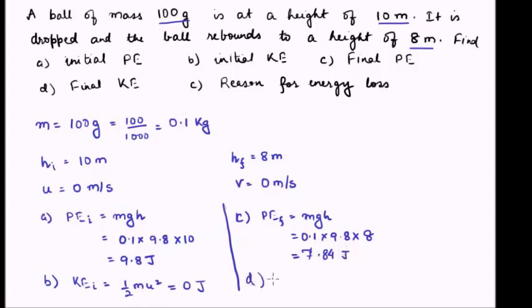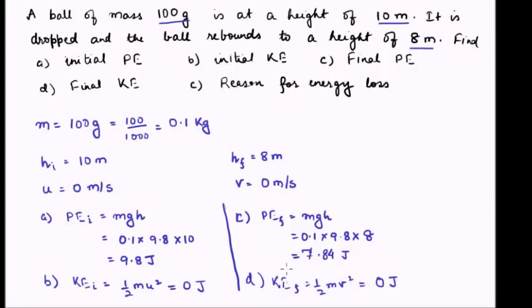The final kinetic energy is half mv square, and the final velocity being 0, the final kinetic energy is also 0 joules.